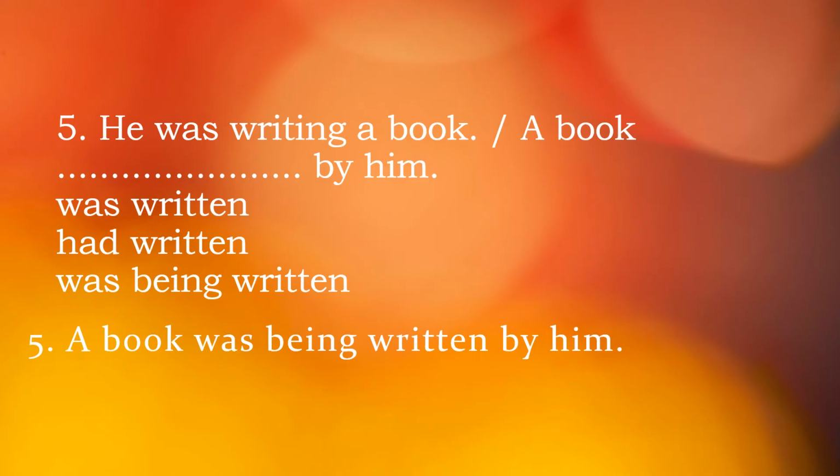If you find continuous tense, we'll take being without any doubt. If we take present simple tense, that will take am, is, are, then B3, then by, then the objective form of the subject. If you find past tense, that will take was or were, then B3, then by, then the objective form of the subject, and the object will be at the beginning, acting as the subject.